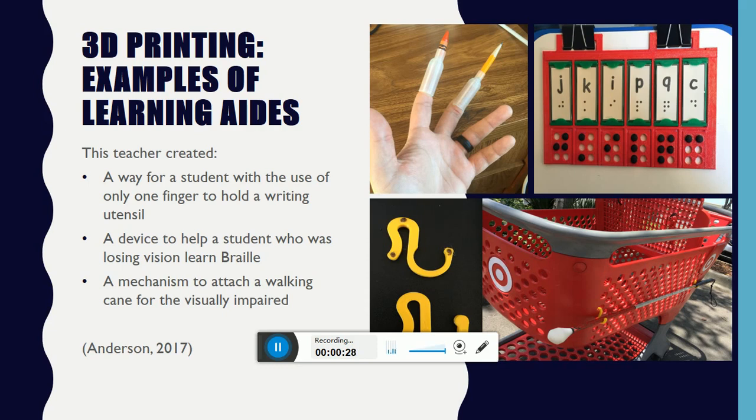The article said she was really reluctant and it was kind of a scary process, but being able to create this customized device, she was able to incorporate several of her skills and learn Braille. And the last picture here is a mechanism to attach a walking cane to the shopping cart for the visually impaired. So you can just see how these things are applying to the classroom and to real life situations.